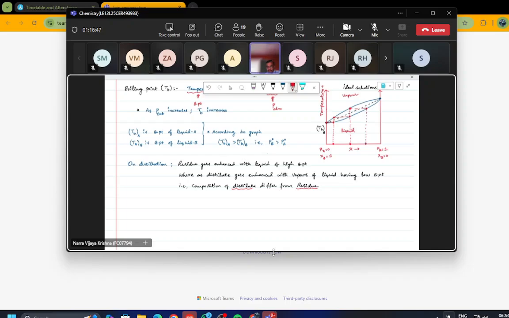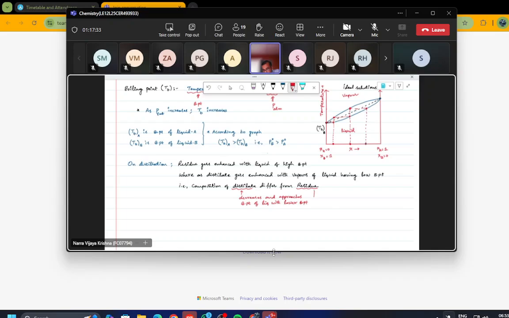So the boiling point of the distillate decreases and approaches the boiling point of the liquid with the lower boiling point.